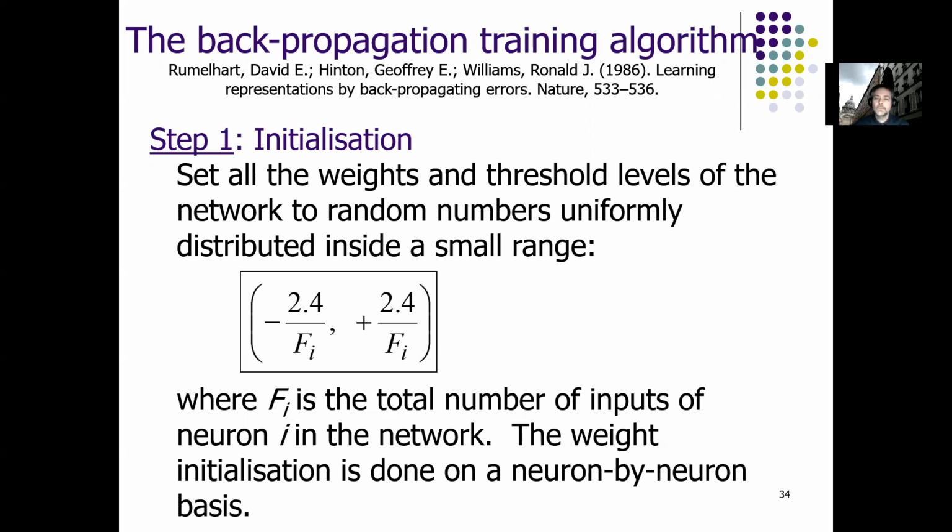Using sigmoid activation functions allows you to use errors which are differentiable functions. You can calculate derivatives. Calculating derivatives means that you can now use a huge variety of algorithms from optimization to update the weights, the parameters of the neural networks.